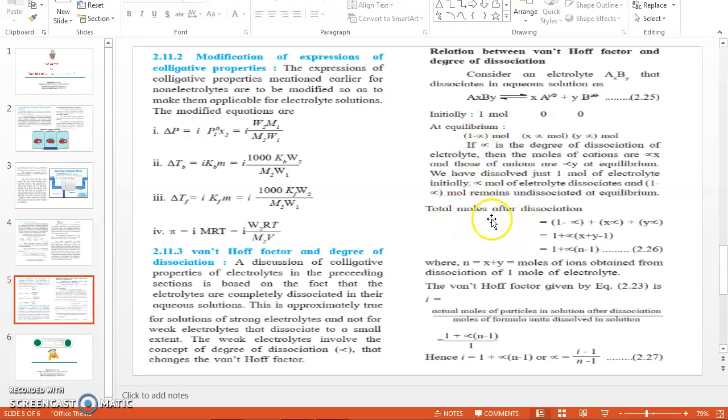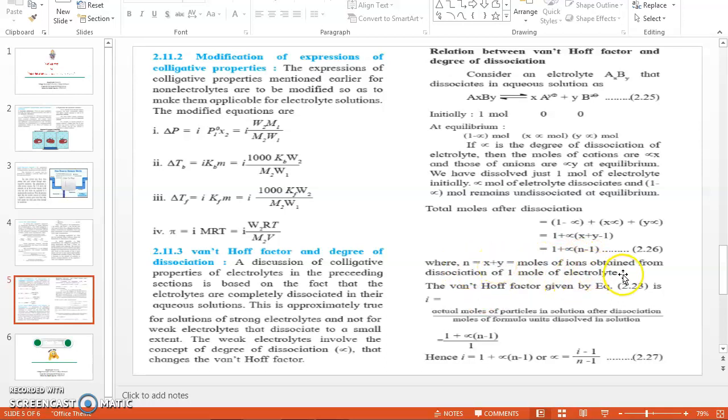So we can say that the total moles after dissociation is 1 minus alpha plus x alpha plus y alpha. Hence, we can write this as 1 plus alpha into n minus 1, where n is x plus y.